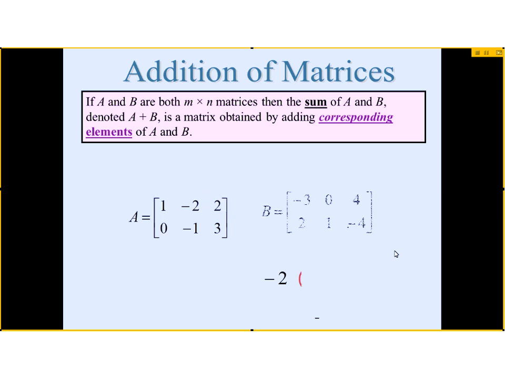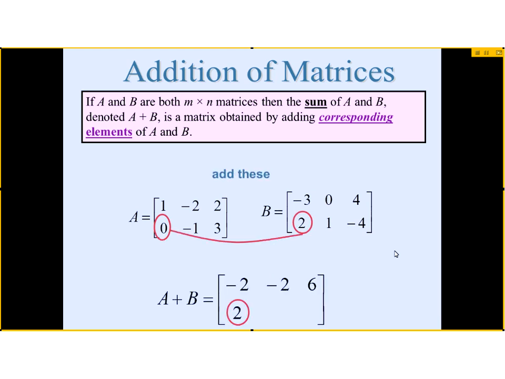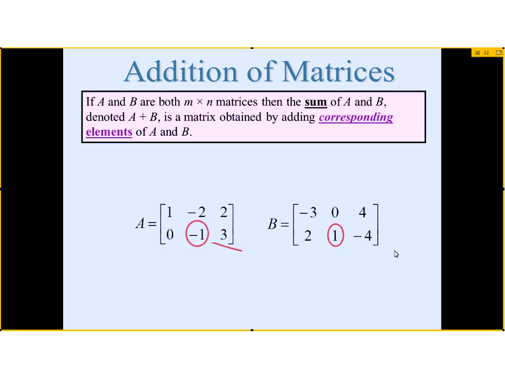So again, I'm going to move on. If we have another element, 0 plus 2 is equal to 2. Now next, -1 plus 1, we get 0. In the next term, if we add these two elements, we again get 0.